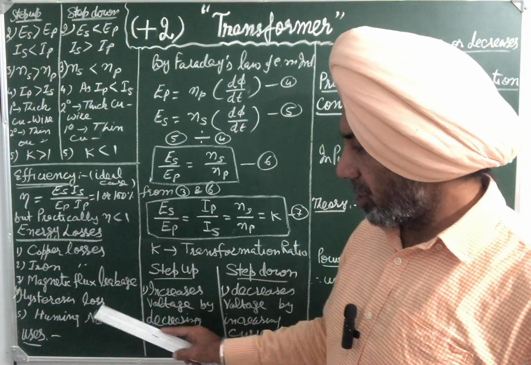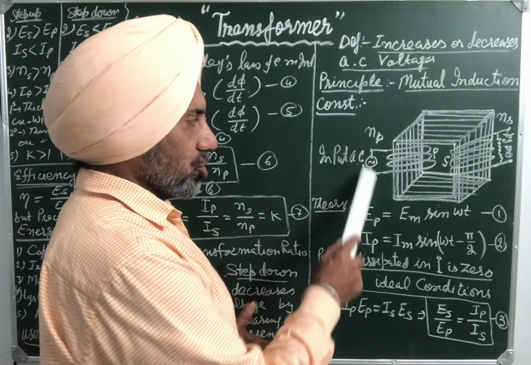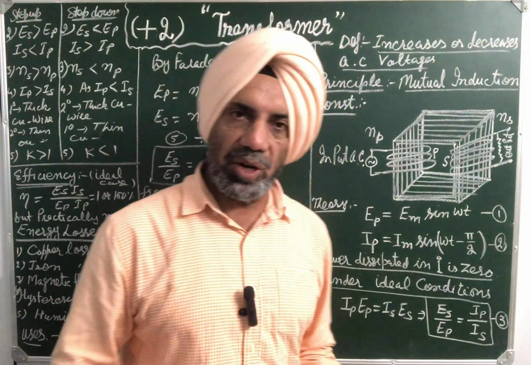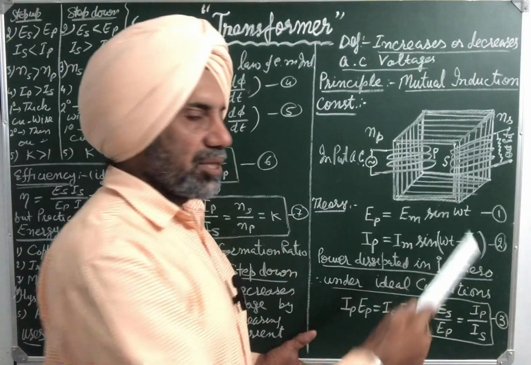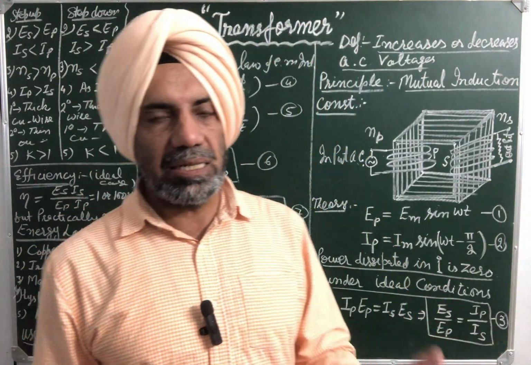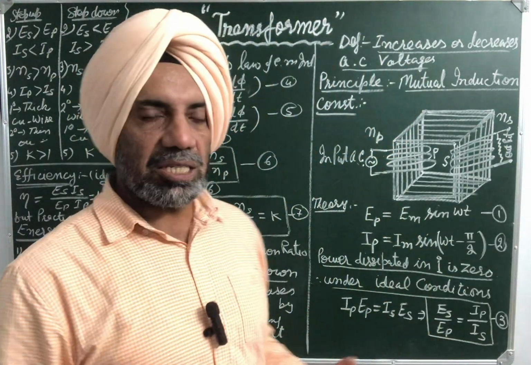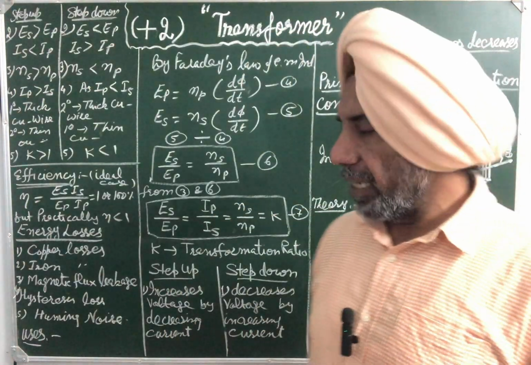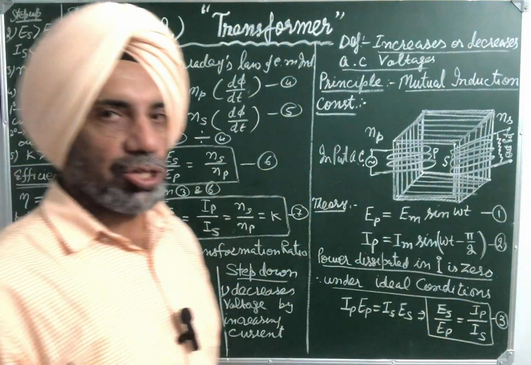Then hysteresis loss, because when we apply an AC voltage, which increases, decreases, then the direction is reversed, the soft iron core upon which the primary or secondary coil is wound gets magnetized, then demagnetized, then again magnetized, then demagnetized. So it traces a hysteresis loop whose area is equal to the energy loss.